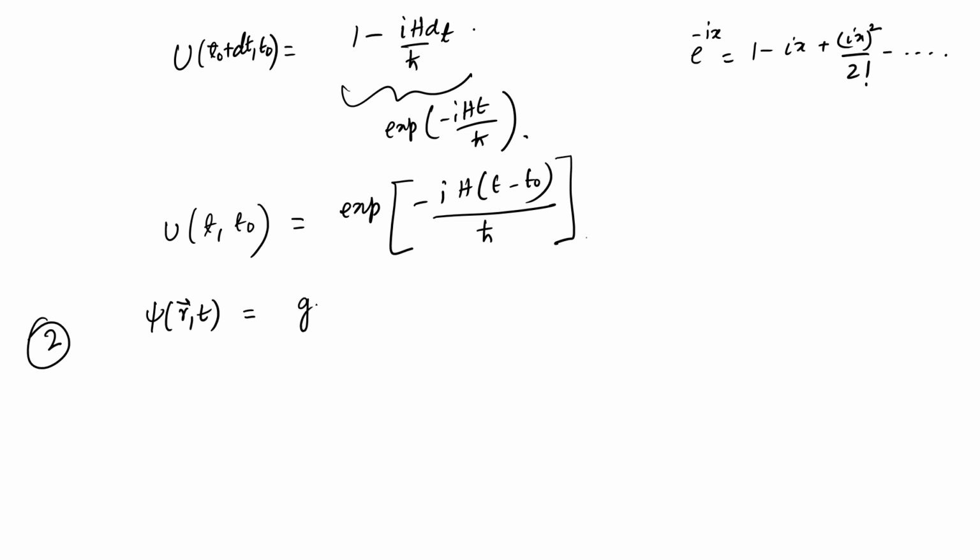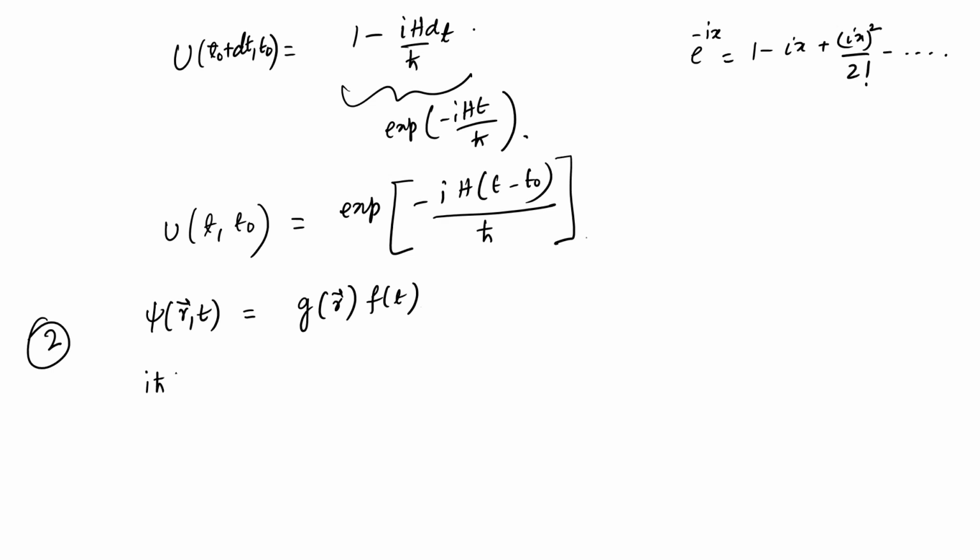So, that tells you that psi is equal to g of r times f of t, that is, there is a clear function of r, and then there is another clear function of t. So, let us call them g of r and f of t. If I put it in the Schrodinger equation, i h cross del psi by del t of r, t, we are taking a time derivative, so this g of r will not be affected.